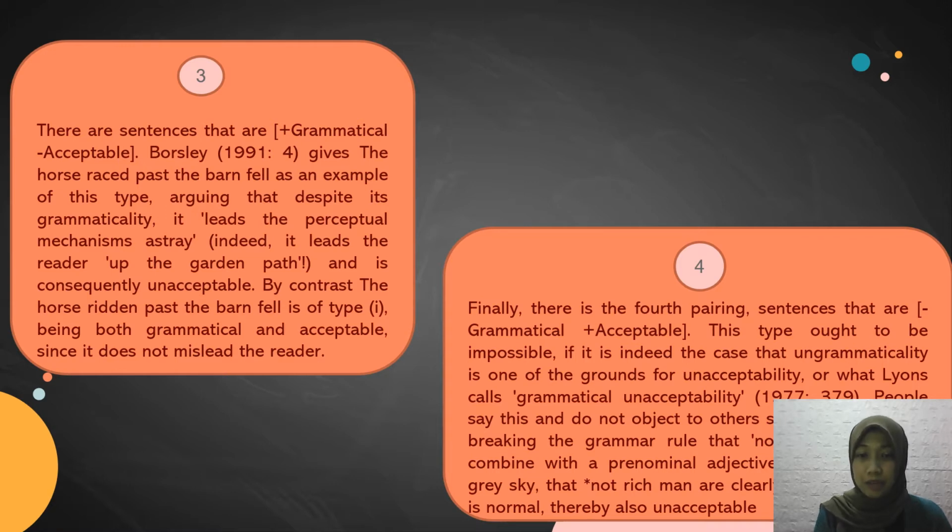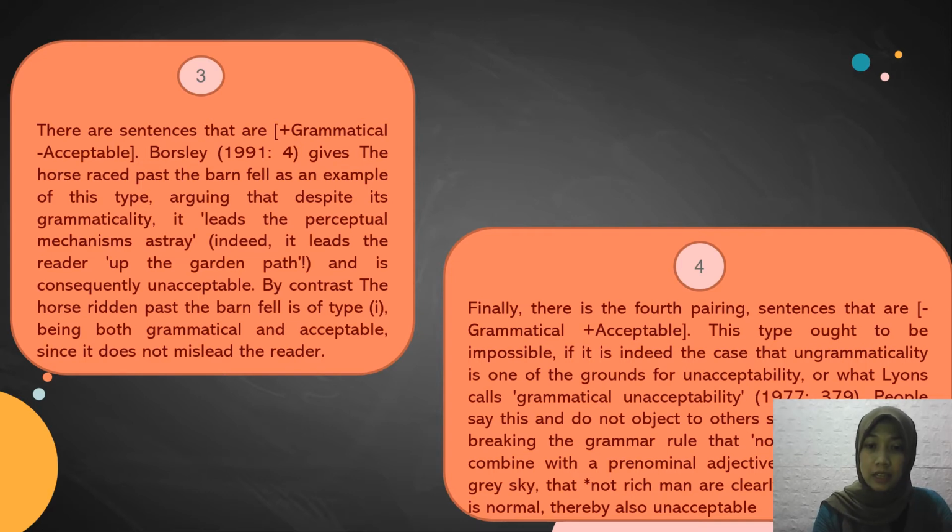And number 4. Finally, there is the fourth pairing. Sentences that are ungrammatical but acceptable. This type ought to be impossible if it is indeed the case that ungrammaticality is one of the grounds for unacceptability, or what Lyons calls grammatical unacceptability.